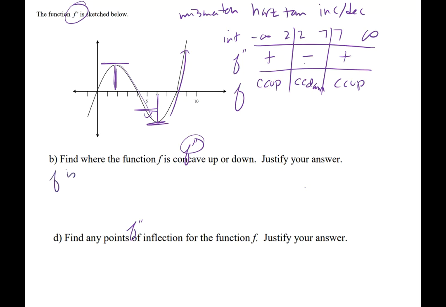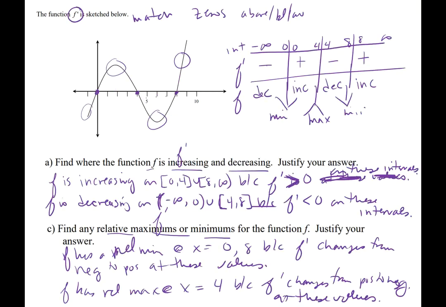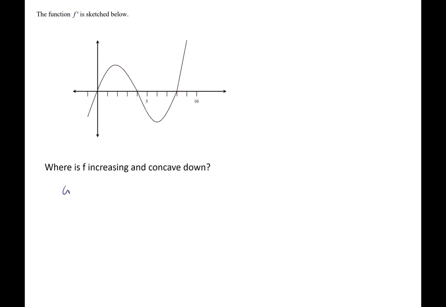So f is concave up on, and remember, these are always open intervals, negative infinity to 2 and 7 to infinity, because f double prime is greater than 0 on these intervals.